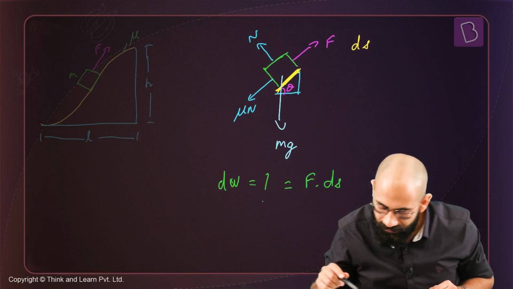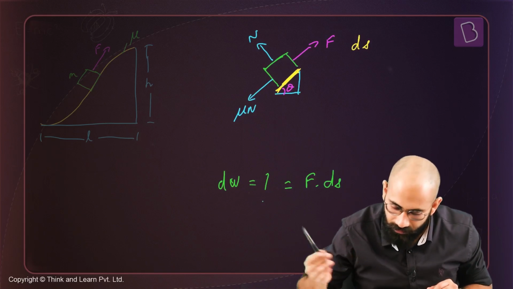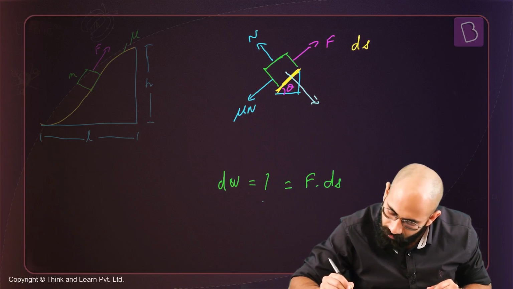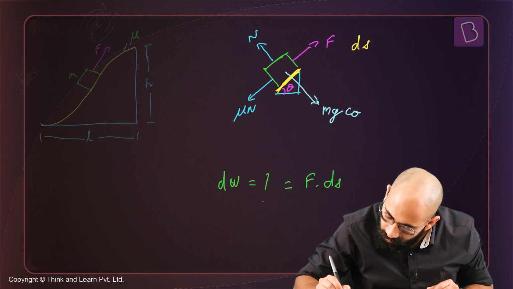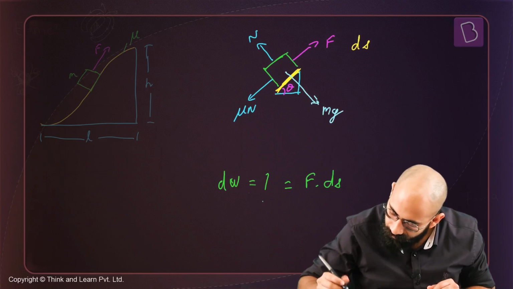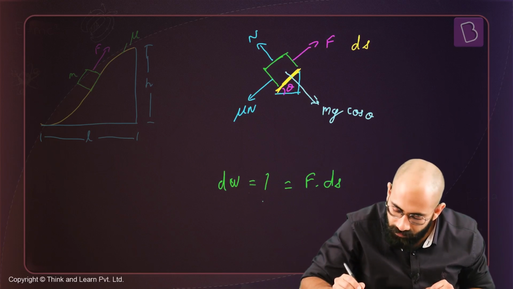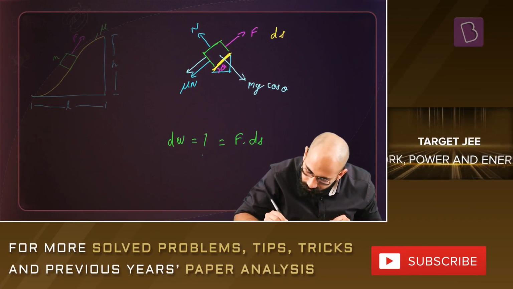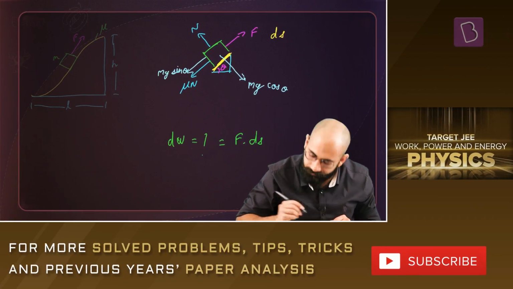So basically then if I resolve mg vector, let me remove this, let me quickly resolve it. There'll be one in this direction, and I think that will be mg cos theta, correct? And there'll be one in this direction, and that will be mg sin theta.